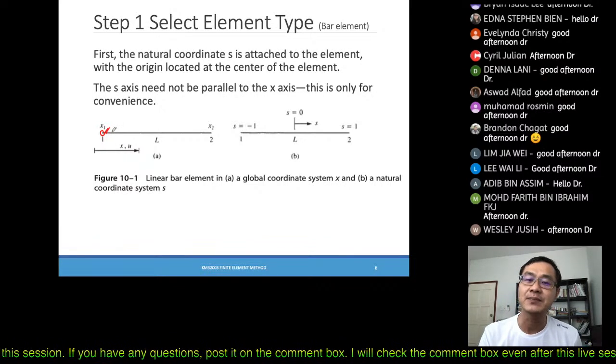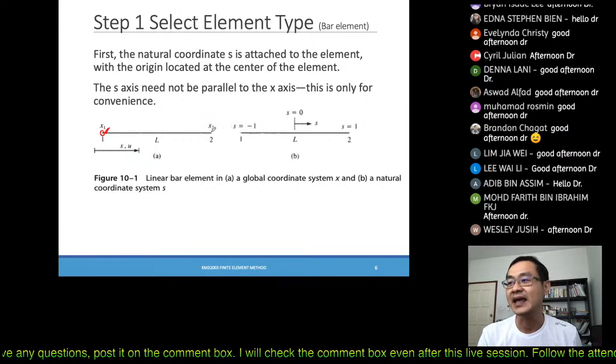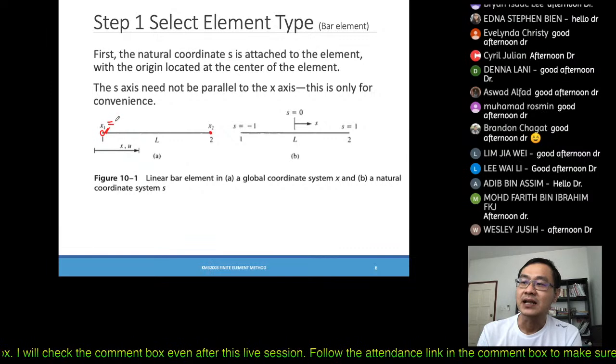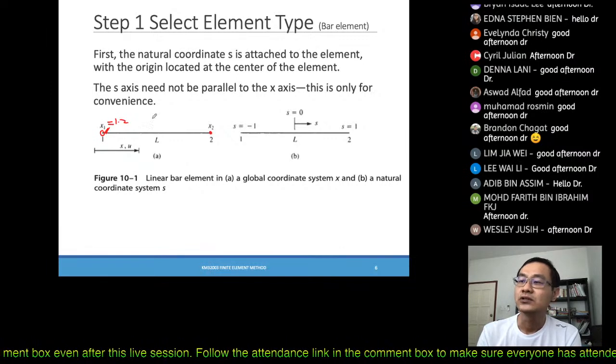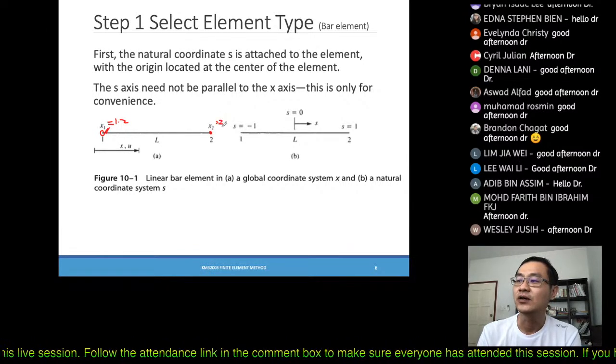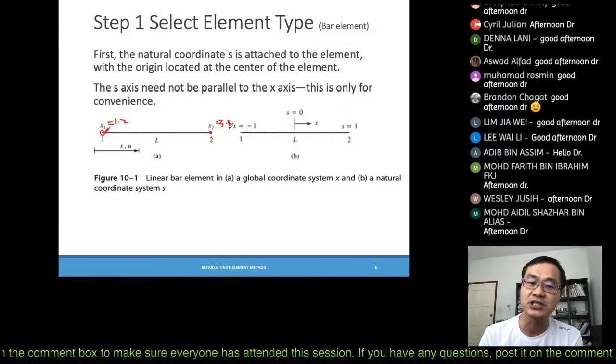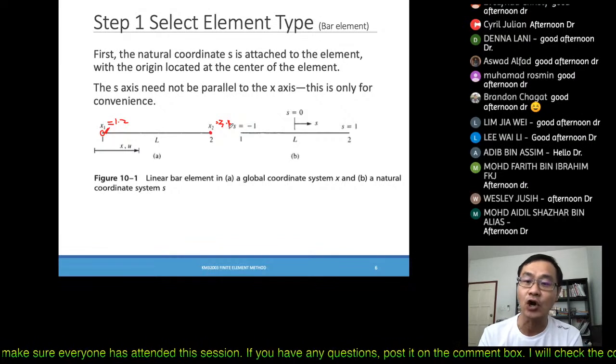The coordinates may be x1 and x2, right? These coordinates can be any numbers, like maybe this is 1.2, this is maybe 3.4. So when this element changes position, these coordinates will change accordingly, right?